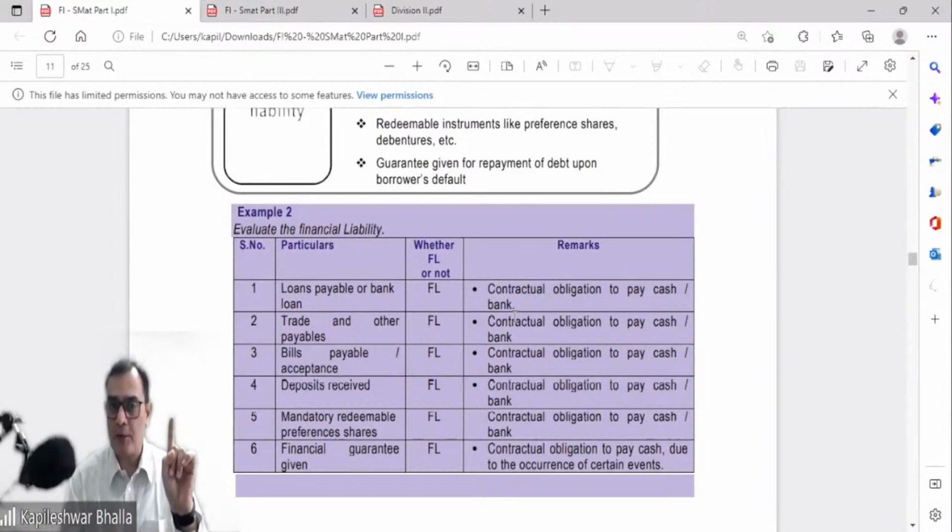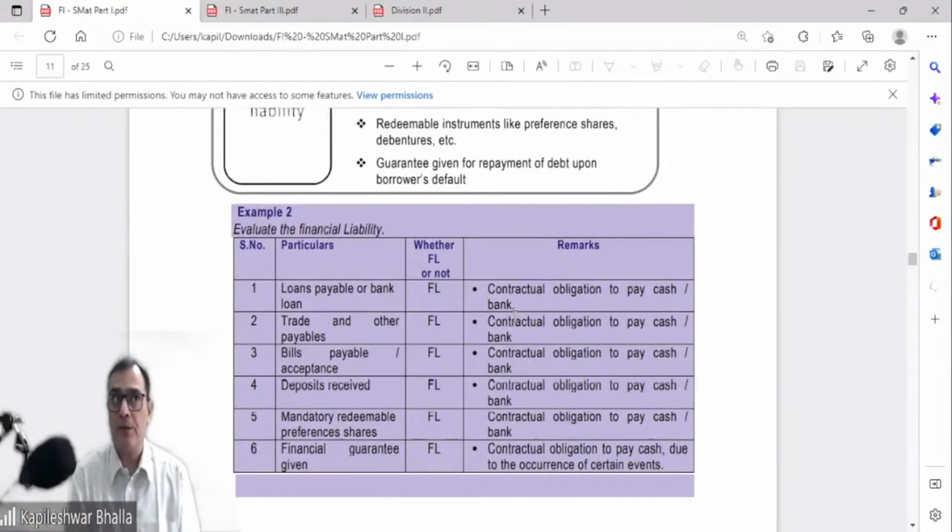There is a contractual obligation to pay. What is the mode of payment? I assume it's cash. Therefore, it is a financial liability. Sir, but you said that if there is an obligation and the mode of payment is cash, not necessarily that it is a financial liability. I am, of course, assuming that there is an unavoidable obligation to pay in all these examples.